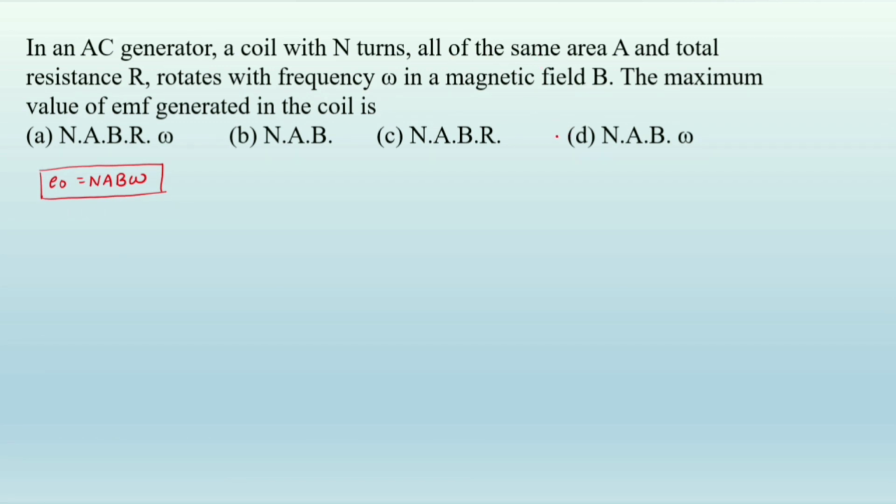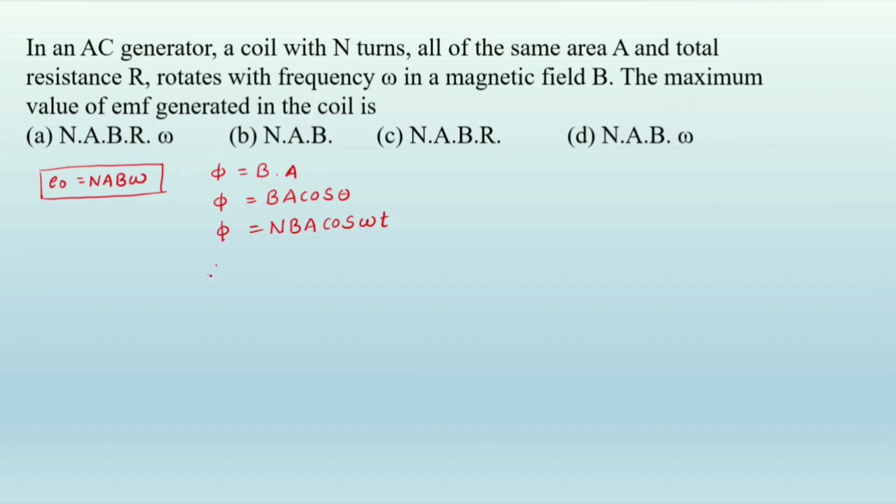If you don't know this equation, then you can use the magnetic flux equation phi equal to B dot A, or we can write it as dot product, that is BA cos theta. For N number of turns we can write NBA cos, instead of theta we can write omega t.